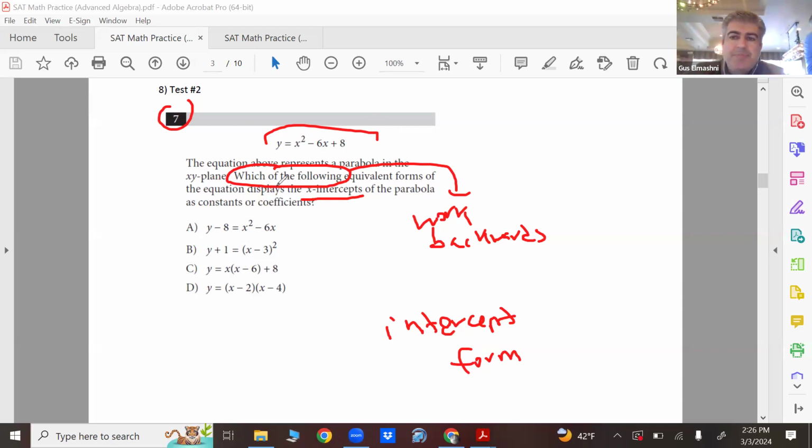What do you guys think? So which one would it match with?